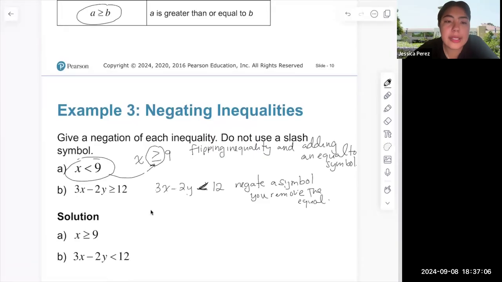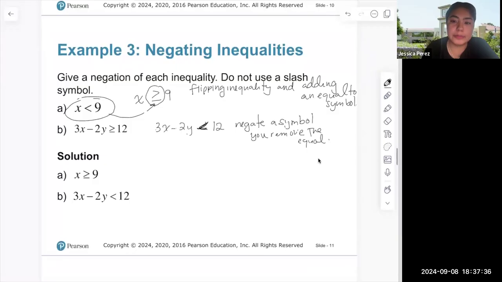So it's going to be 3x minus 2y is strictly less than 12. And that would be my solution when I negate inequalities. So when you're doing your homework, if your original is a less than and you're negating it, you need to flip it and add the equal symbol. And if you're negating a greater than or equal to symbol, you are removing the equality symbol. So depending on what you have, that's what you're going to be doing.